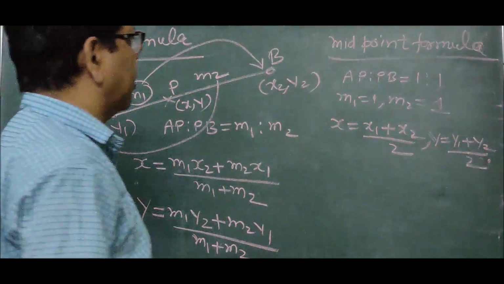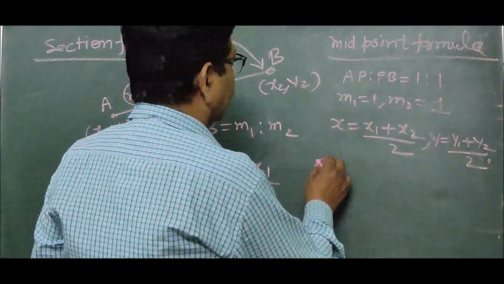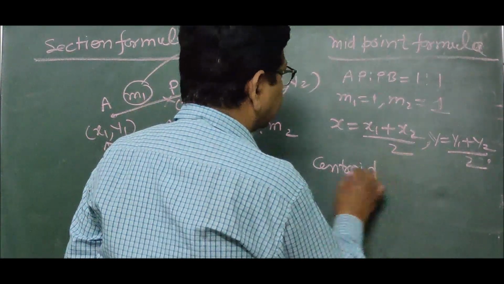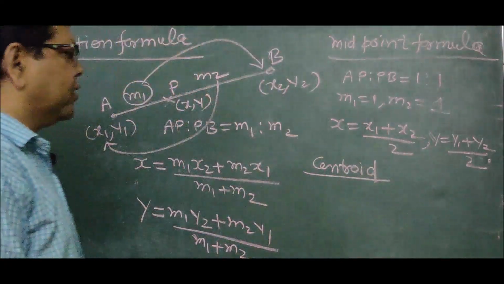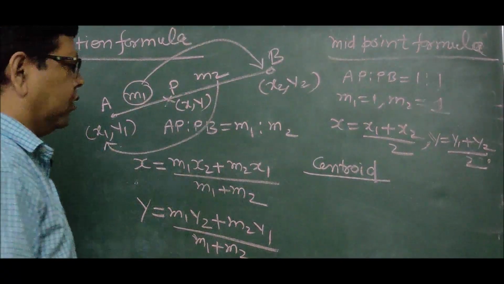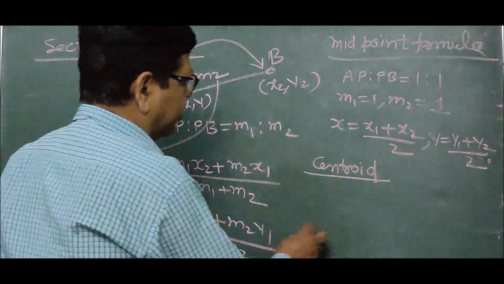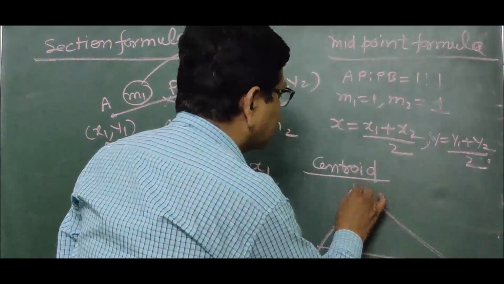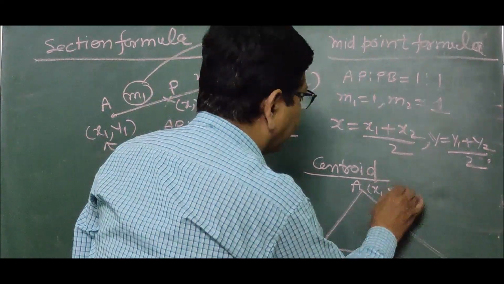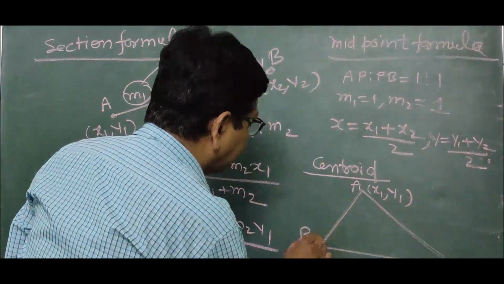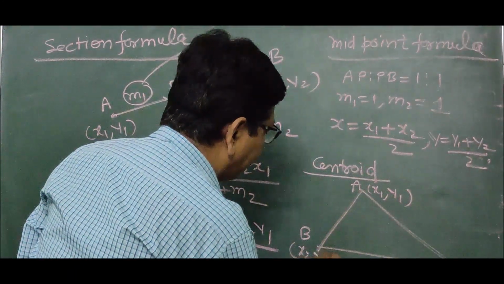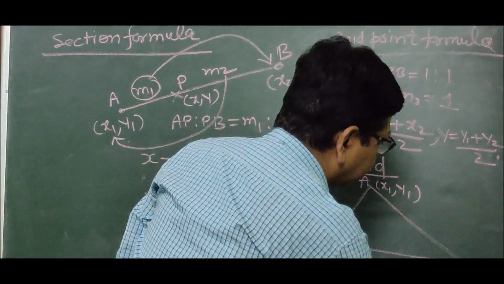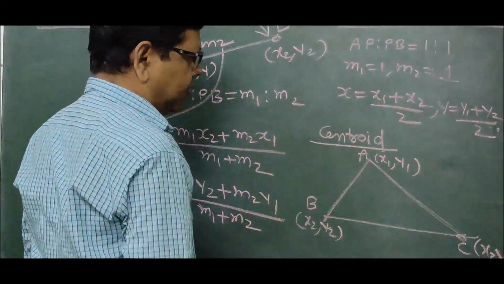And next topic in this series is centroid. First, you must know what is centroid. If you have a triangle A x1, y1, B has the coordinates x2, y2, and C has the coordinates x3, y3, it has three medians.